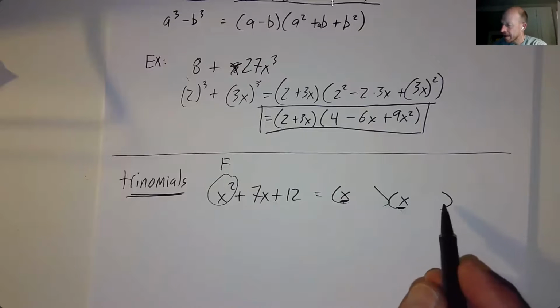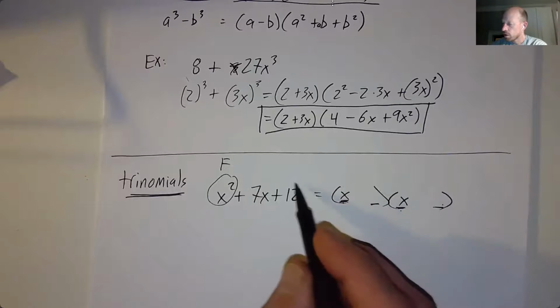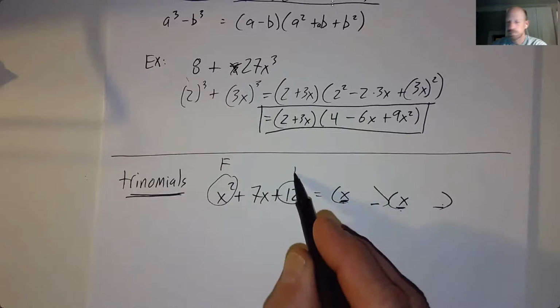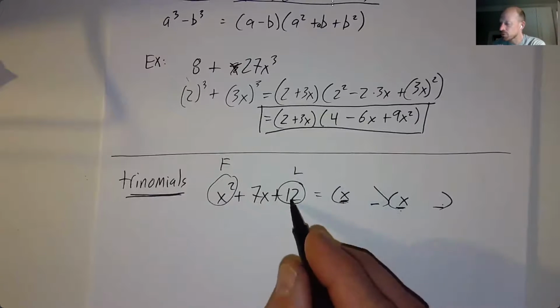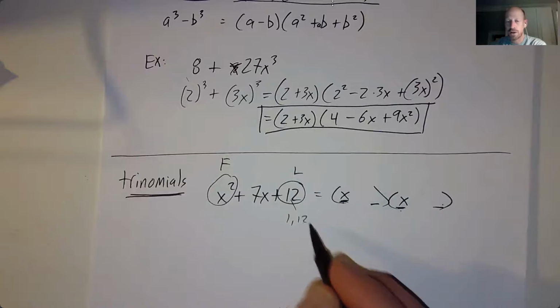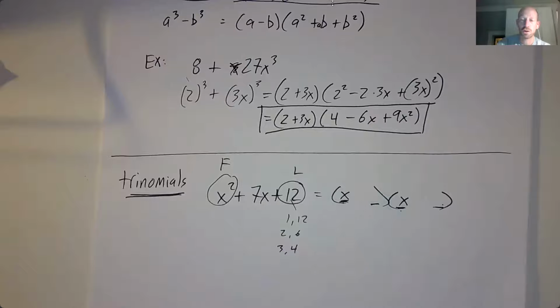And the last terms here, when we FOIL, are going to give me this 12. There's a couple options for 12, but not too many. It could be 1 and 12, could be 2 and 6, or it could be 3 and 4.